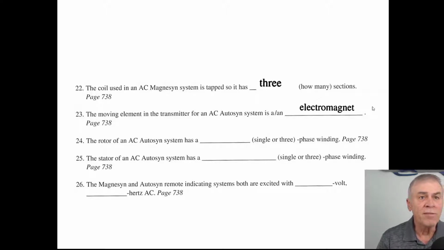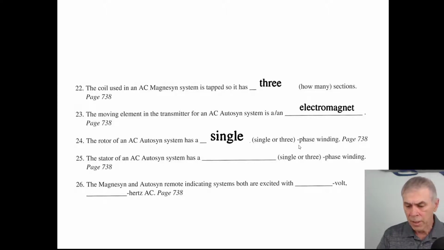The rotor of an AC Autosyn system has a single or a 3-phase winding. Now we did see that a little bit at the end. It is 3 phases, either in the delta or the Y. So it's 3 again. Oops, the rotor, I'm sorry.